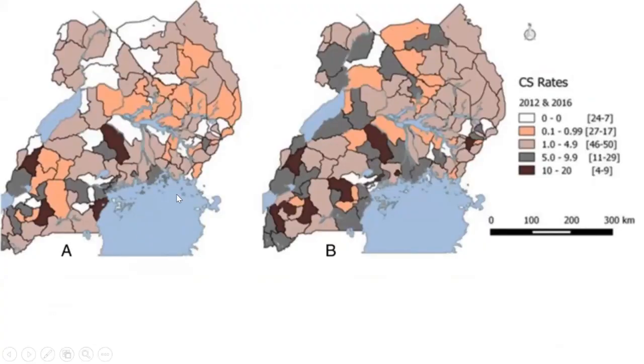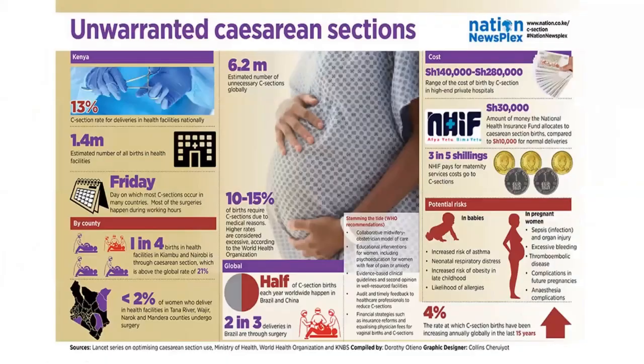This is a paper that was published in BMJ comparing rates between 2012 and 2016. So you realize that there are changes in the districts of Uganda, there are changes in the rates that are clearly coming up now. So with time, because of maybe good obstetric practice, maybe changing obstetric population, the rates in Uganda, as has been predicted, will actually double by 2030.